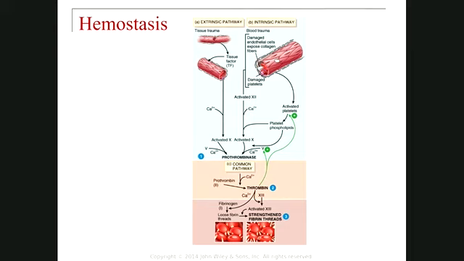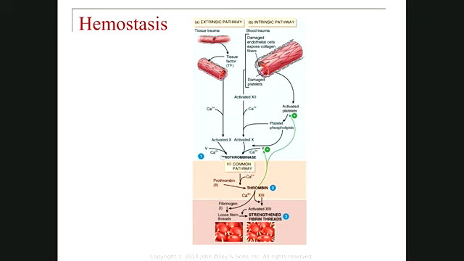In addition, different traumas to endothelial cells can damage the platelets, and the platelets release phospholipid, and this phospholipid can activate the other clotting factor. After additional reactions, which you can see here, we can activate the prothrombinase.